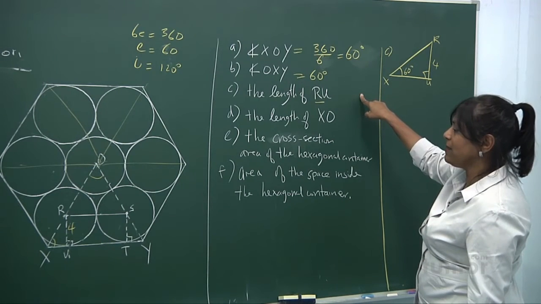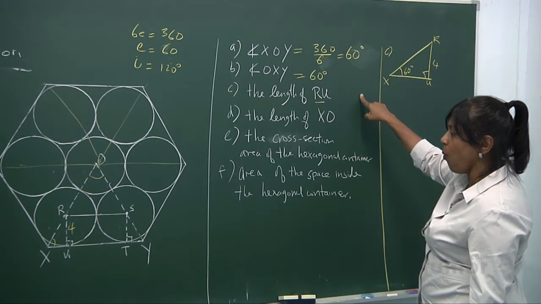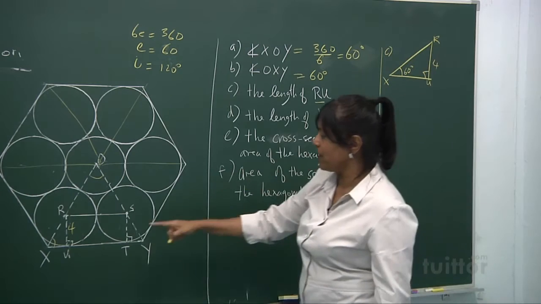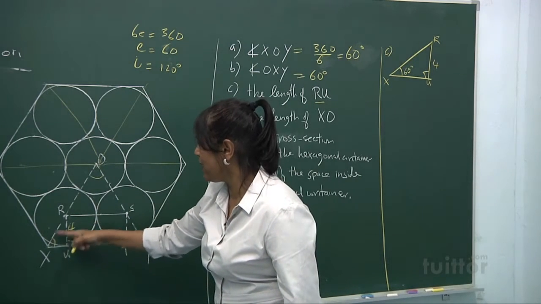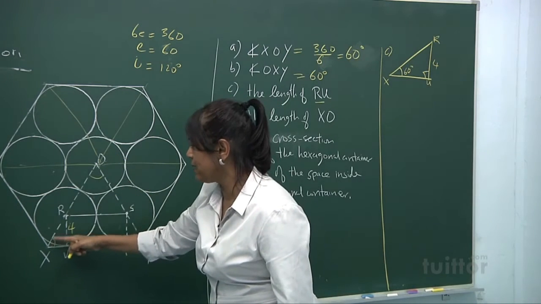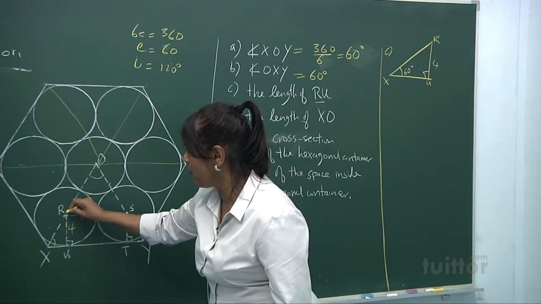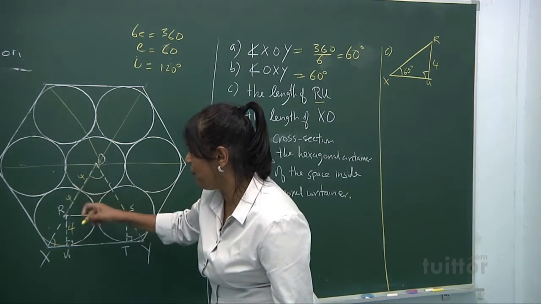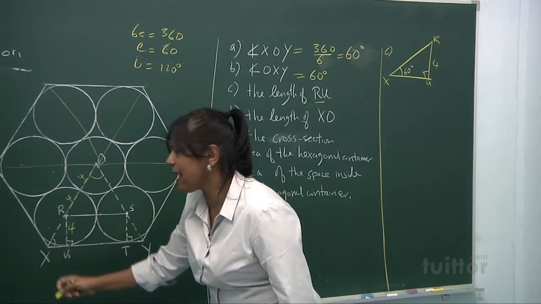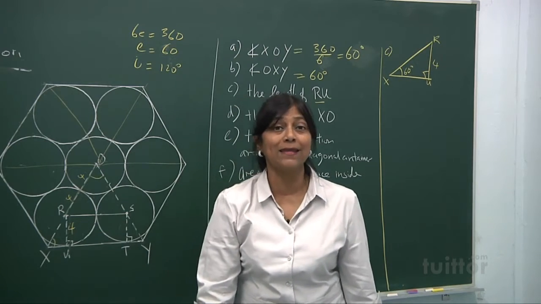Now from here, they want the length of XO. Look at XO. Alright, this is 4 radius. They're just testing you. Now they want XO, you need to get the length of XR. This is no problem, it's 4. So this is 4 because it's radius. But what is XR? We need to find out.